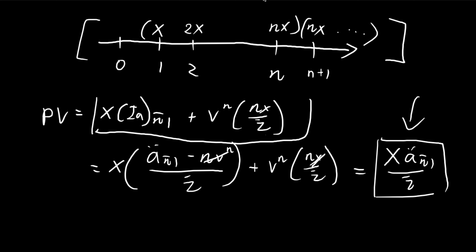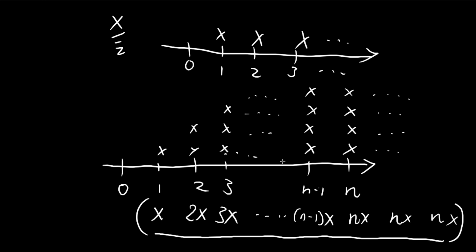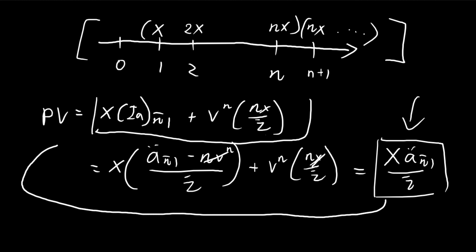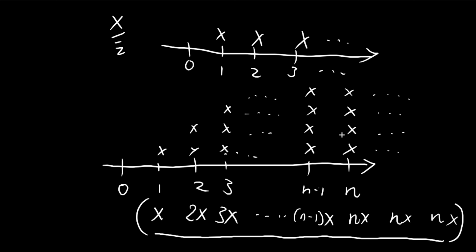So by arguing through these diagrams, we can prove that this formula here is the same as this without doing any of the algebra in between. So this is just another way of thinking of things. So I hope that through these examples you can see that there are many different ways of breaking up a problem, and by attempting more of these experiments yourself, you'll gain a better understanding of what's going on.